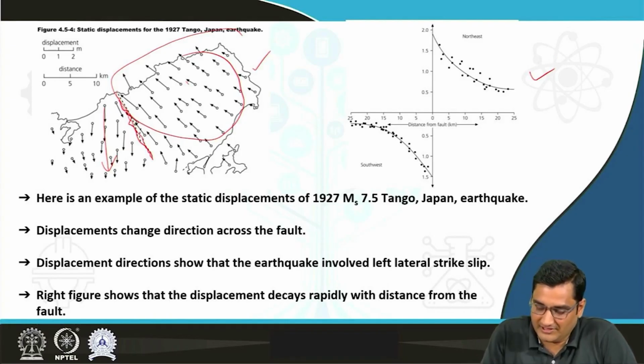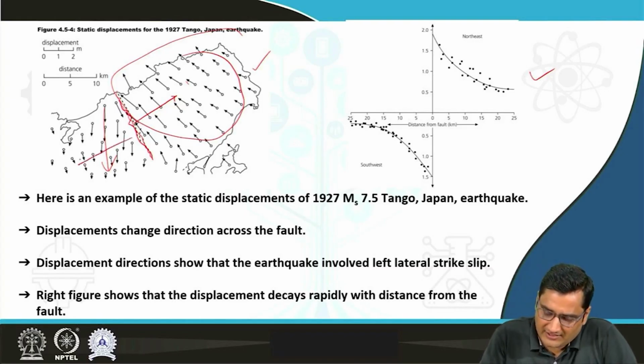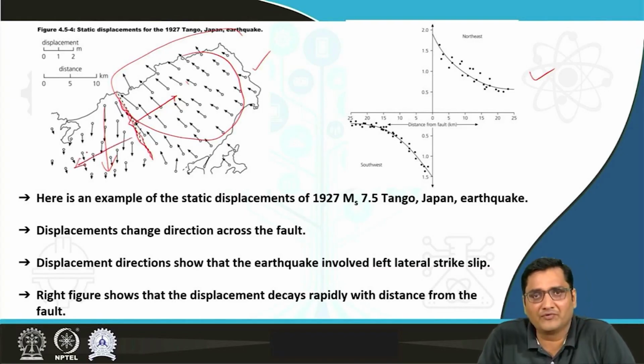fault. So if you go away from the fault in this direction, you can see the length of the vectors reducing, and here also, as you go away from the fault location in the perpendicular direction, the magnitude of the vectors is reducing. So this is what it is representing.